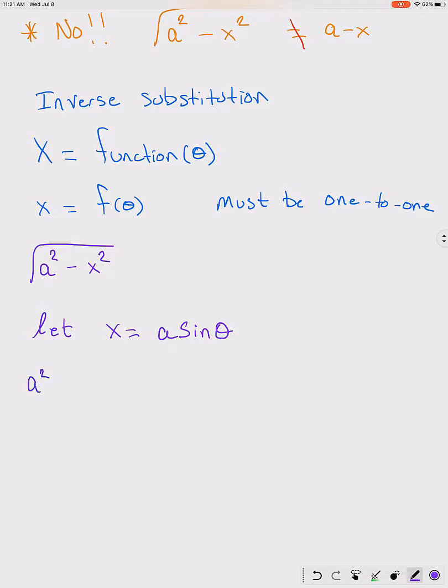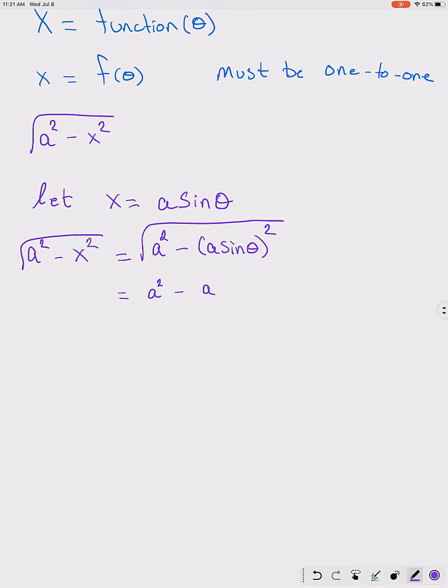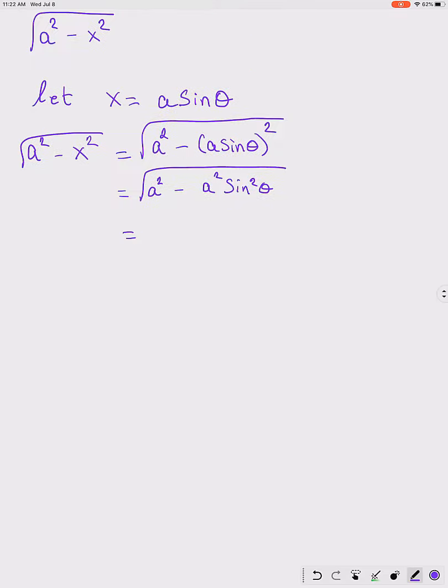Then the square root of a squared minus x squared is the same thing as the square root of a squared minus a times sine of theta, the whole thing squared, which becomes a squared minus a squared times sine squared of theta. Then I can factor out a squared in both terms, and I get a squared times the quantity 1 minus sine squared of theta, all underneath the square root.